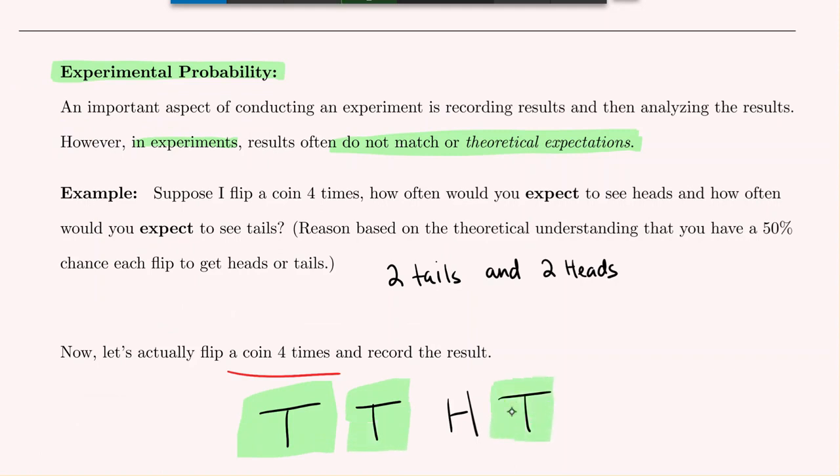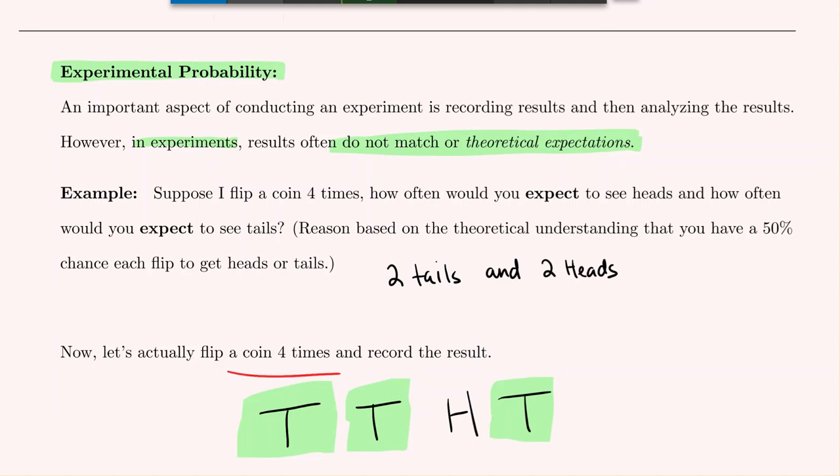But at the outset, based on my theoretical understanding, from a probability perspective, I would have only expected 2 tails to occur. This is our example where in the experiments, the results do not necessarily match up with our theoretical expectations. And the reason being is even though it's less likely, in an experiment I could potentially get the scenario where I had tails, tails, tails, tails, or heads, heads, heads, heads.